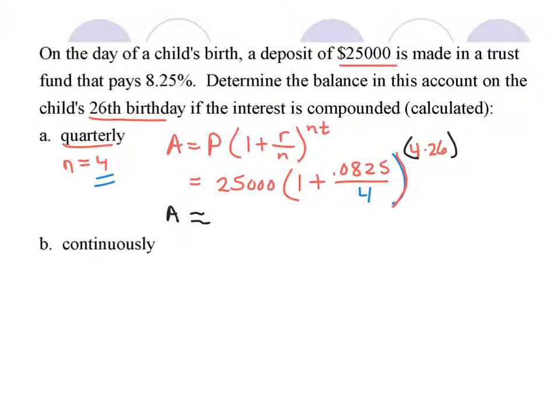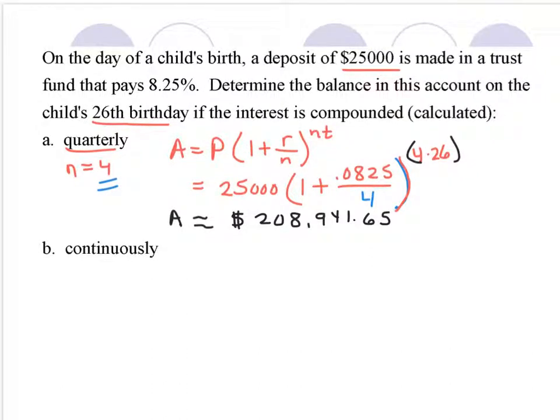So either way should work. Take a second, fill that into your calculator, see what you get for an estimate. You should have found approximately $208,941.65 as your total. That's an excellent investment of an original $25,000, and you end up with a lot more money.